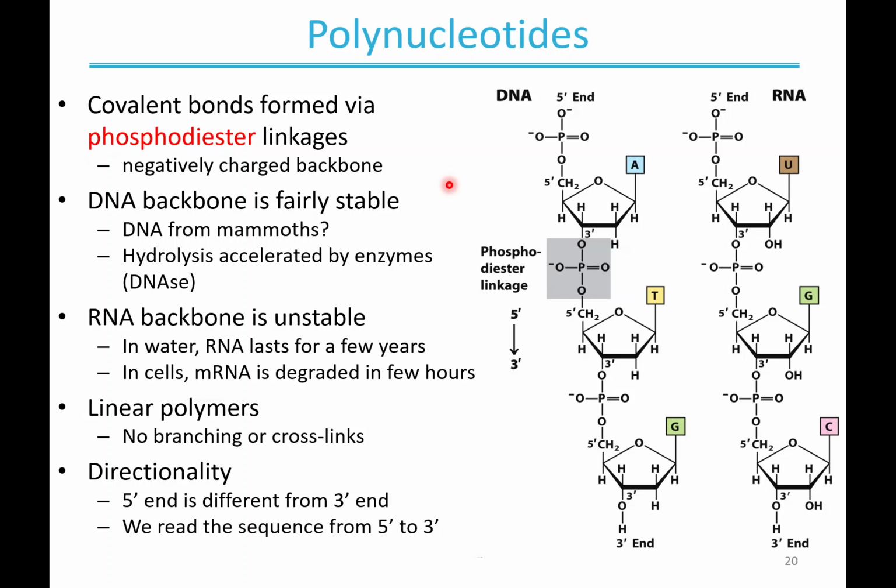And will they come up again in this class? Probably not a whole lot, but when you go on to next semester, that's when you'll see these examples in terms of where they're important in transcription or translation of genes, genetic material.